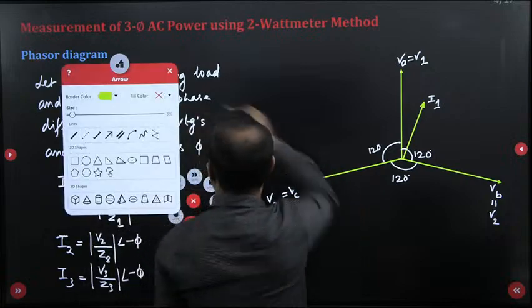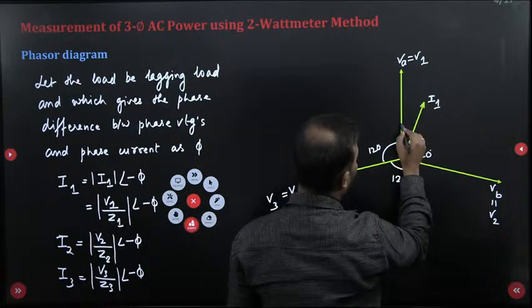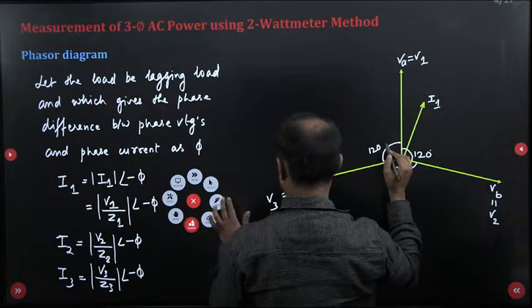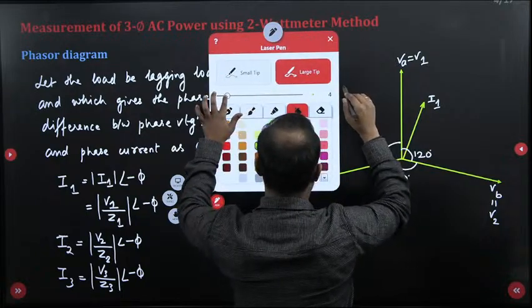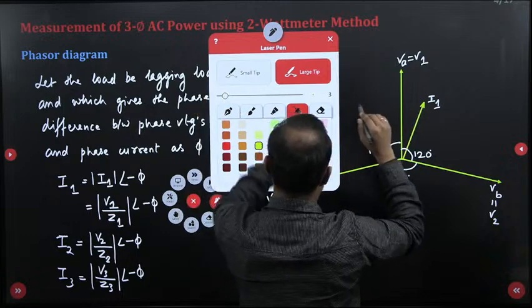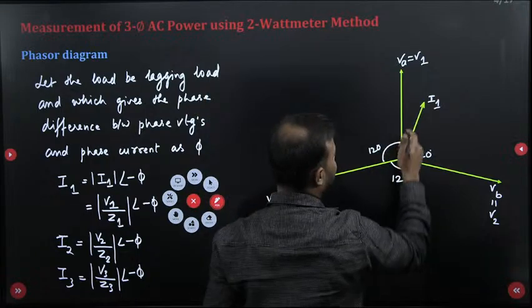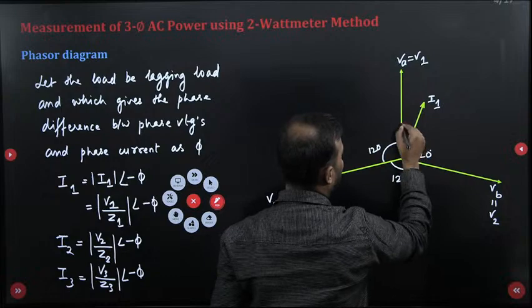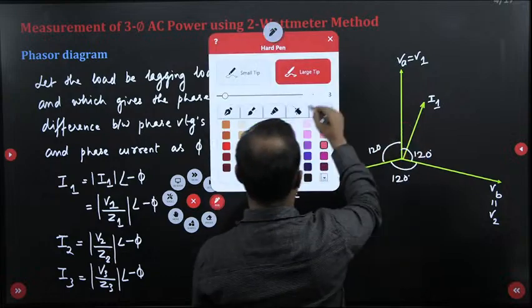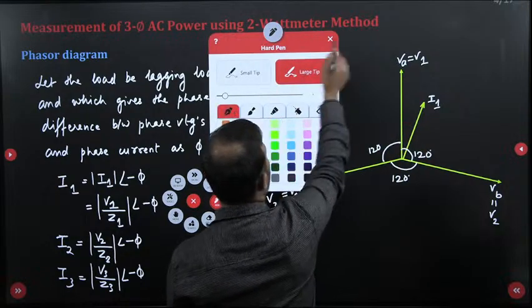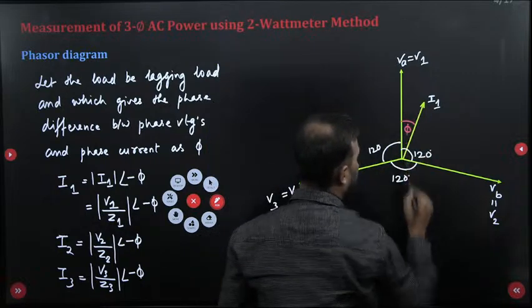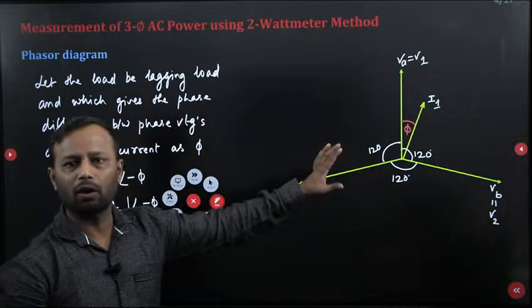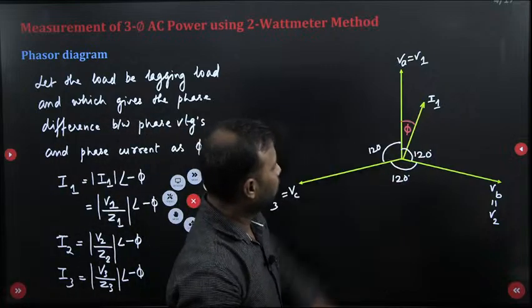All right. So this phase angle is what? Your phi. Please let me know whether this color is visible or not. Okay. So this phase angle is phi.